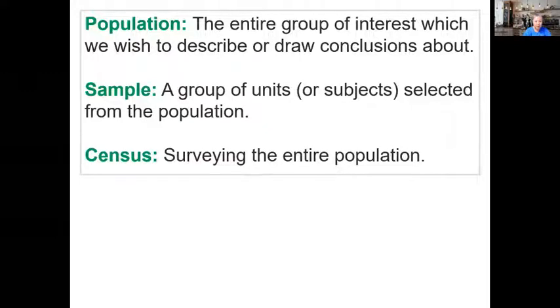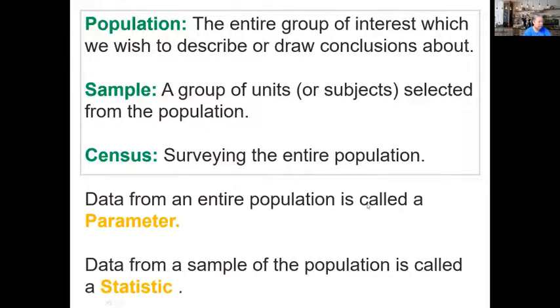Okay, then what else? Since we defined population and sample separately, we call parameter the data from the entire population, and data from the sample is called statistics.